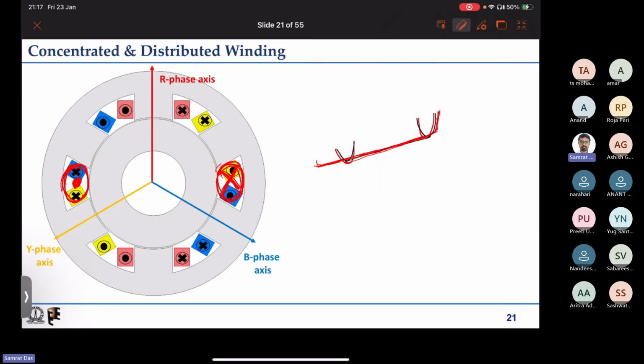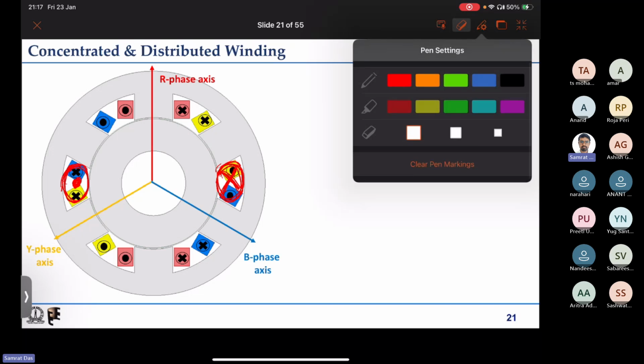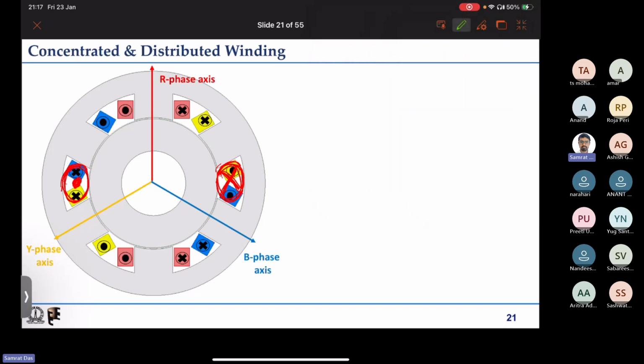I will quickly erase that and go to the next one, the Y phase axis. Yes, we can realize the Y phase axis also. If I put the Y phase coils here, then in order to have the axis direction, we can put a cross here and a dot here, right?